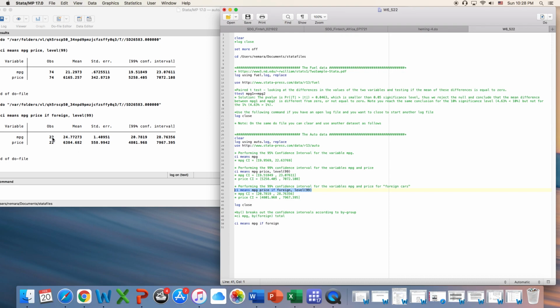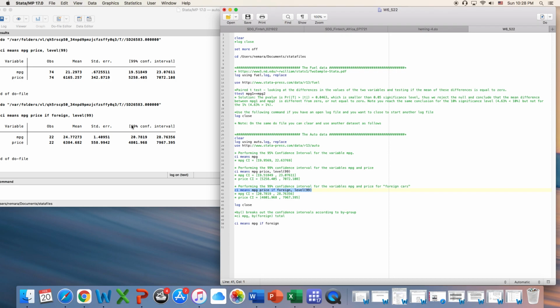And as you can see, the observations are fewer than the previous ones, because the 74 observations are a mix of foreign and domestic cars. But now I'm just focusing on foreign cars. So that means 22 out of the 74 are foreign cars, and the remaining 52 are domestic cars, okay?